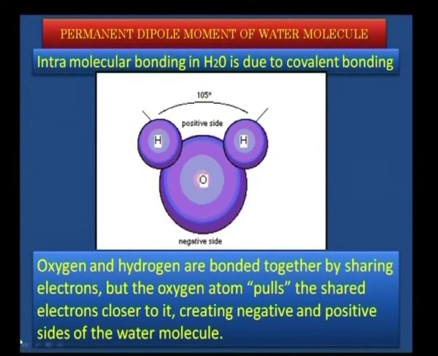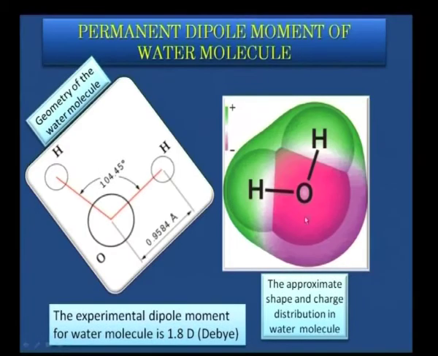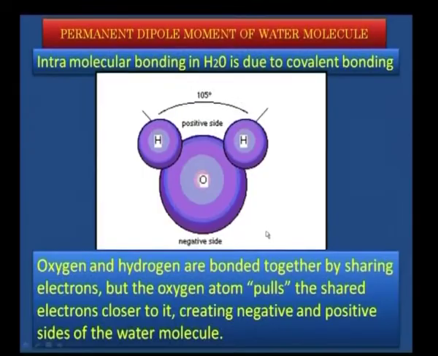Now, as I showed you earlier, the angle that separates the two hydrogen atoms is around 104.5 degrees, and this region will be positive, whereas this region, as I told you earlier, is negative. That is what I am showing here again.